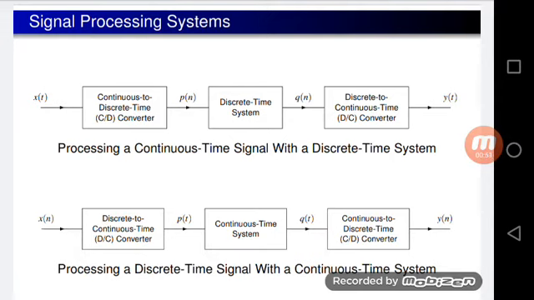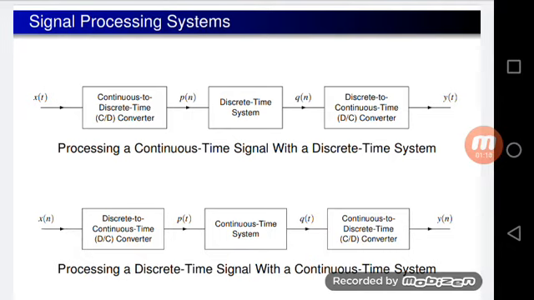For example, in signal processing systems, the signal enters the system and is converted from a continuous to a discrete time signal, and then it propagates through the discrete time system.